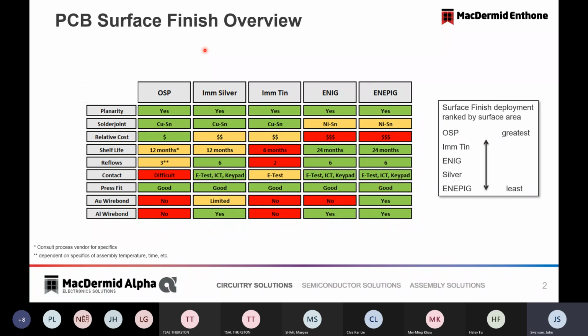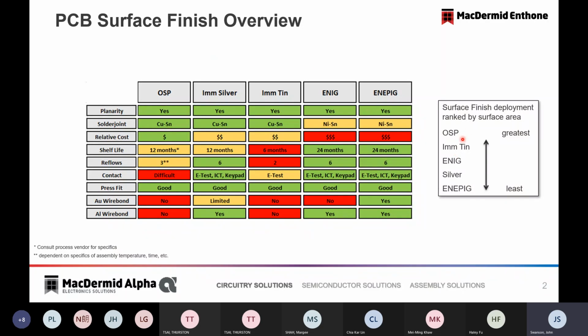Each has some strengths and weaknesses. So today I hope to be able to talk about some of the strengths and weaknesses, the considerations you may have as a fabricator or as a user of circuit boards or as an assembler of circuit boards.